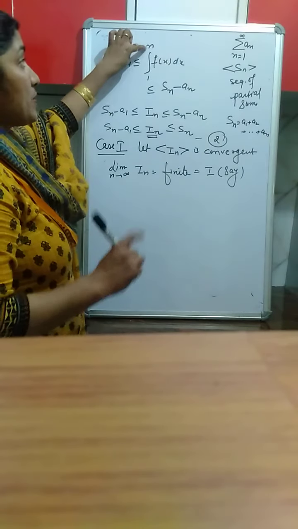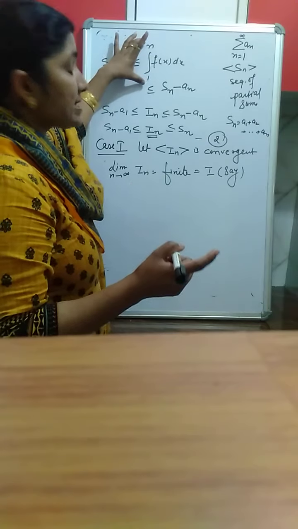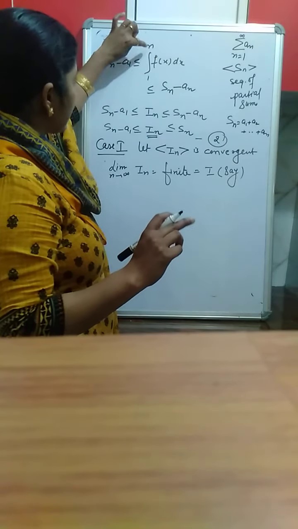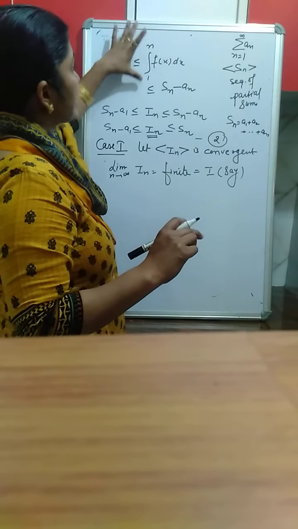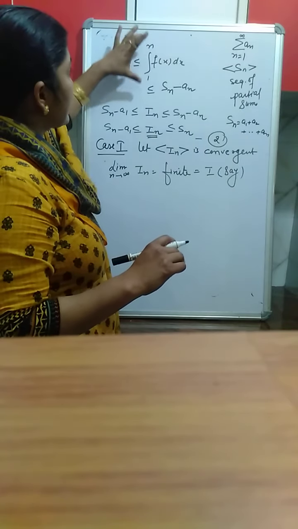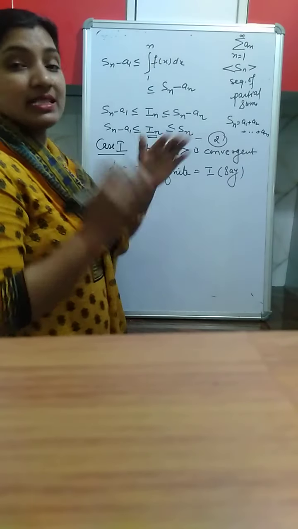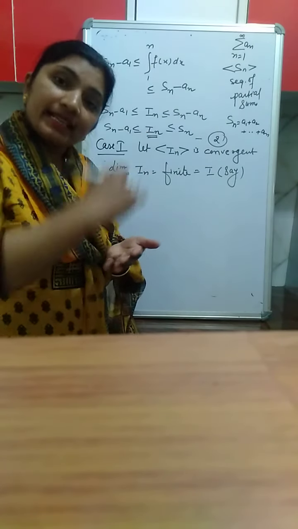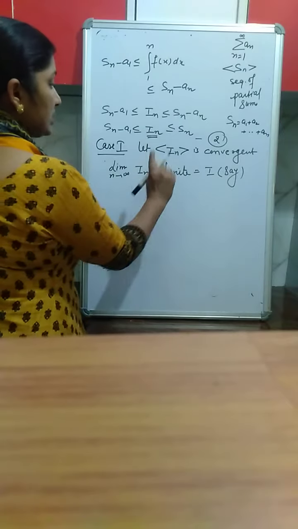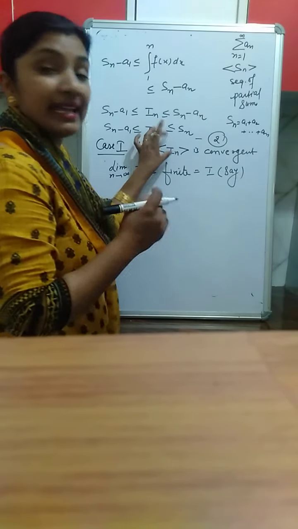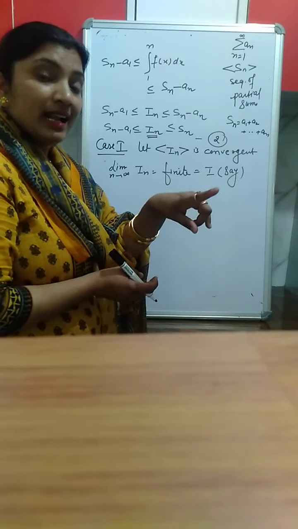Suppose n increases, that means the area of this integration increases. The length of the integration will increase. And since f is non-negative, the value of In increases as n increases, which means In is monotonically increasing.